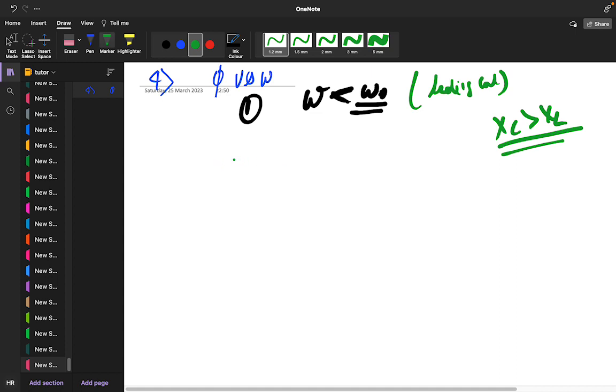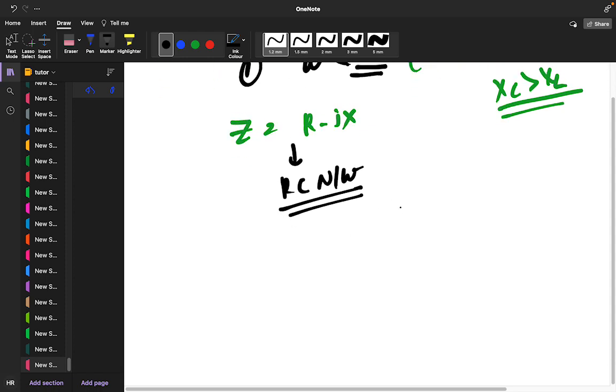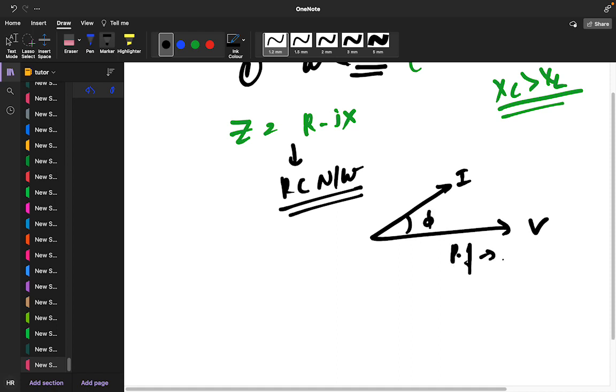So that means you are getting Z equals R minus jX, a negative value will come. So this is your RC network. In an RC network, I hope you remember, current leads by angle phi, power factor leading.